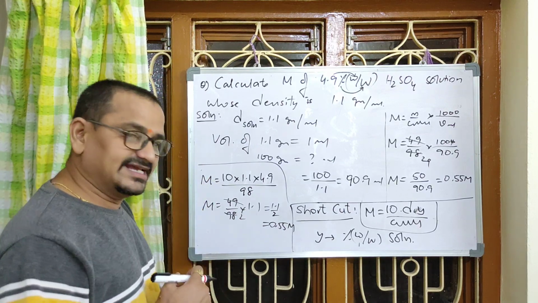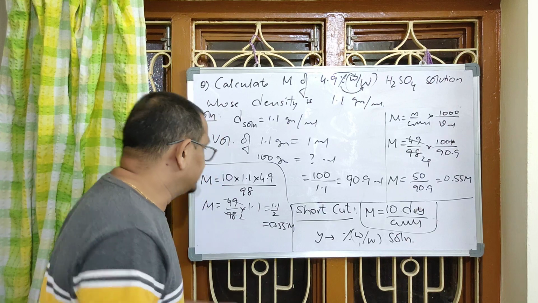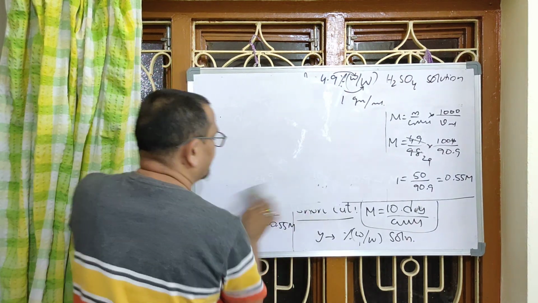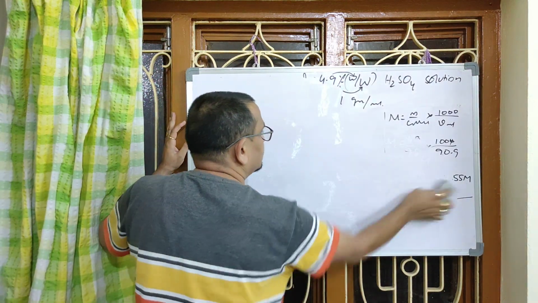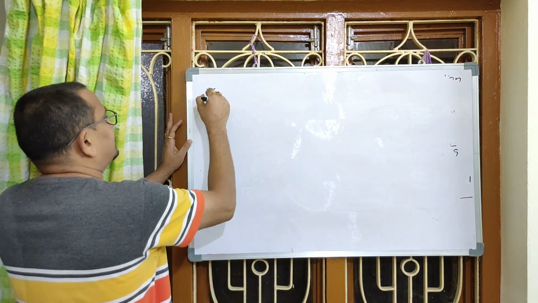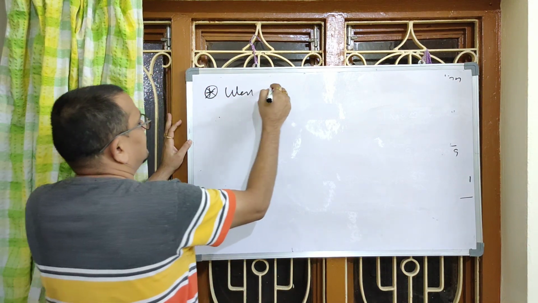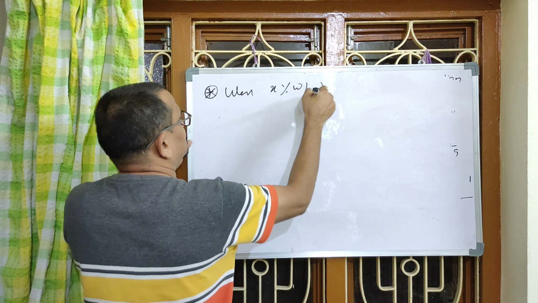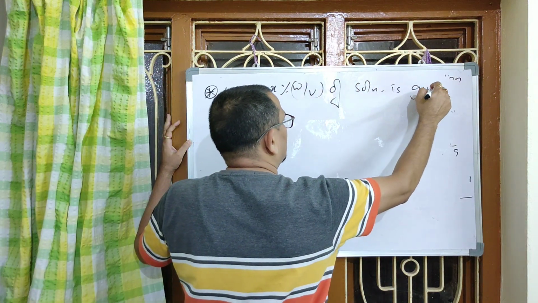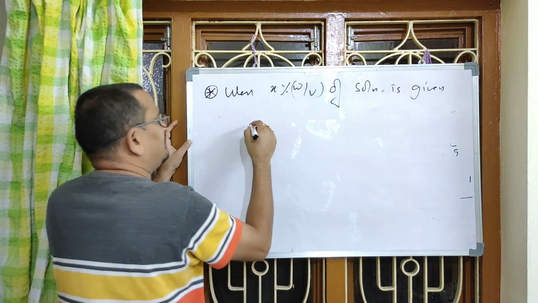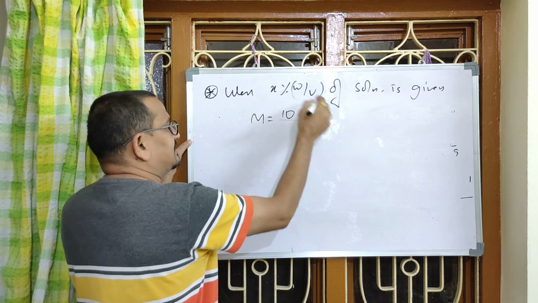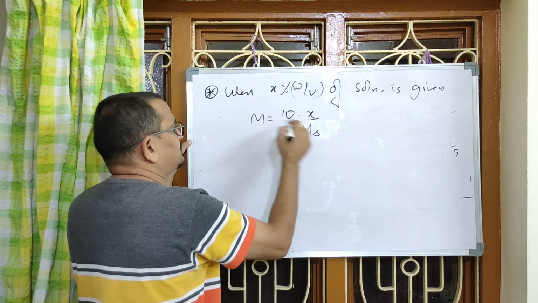So now once again let me repeat the relation here. Shortcuts are very important and you should not forget. What's the point to be noted here? When percent by volume of solution is given, how do you find molarity? 10 into percent by volume by gram molecular mass of solute.